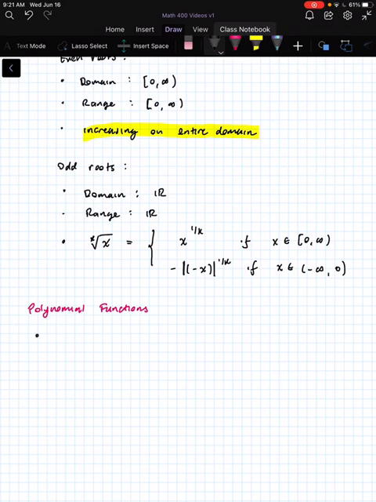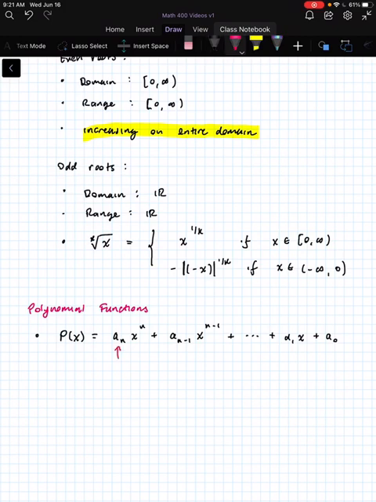And remember that the general form is something along the lines of capital P of x equals a sub n x raised to the n power plus a sub n minus 1 x raised to the n minus 1 power all the way down to a sub 1 x plus a sub 0.